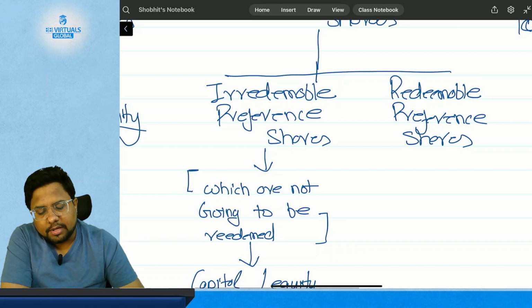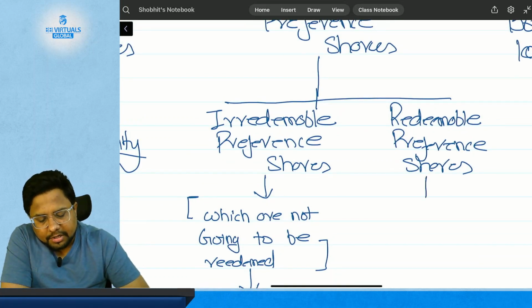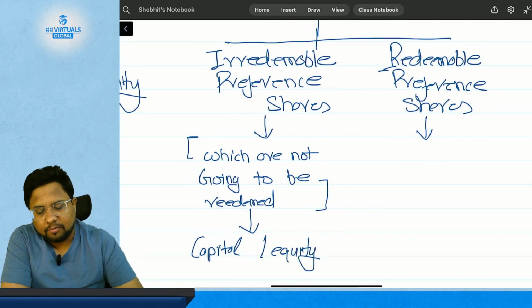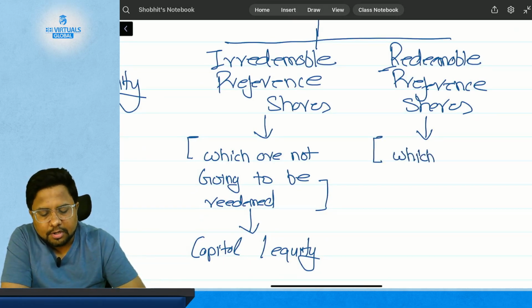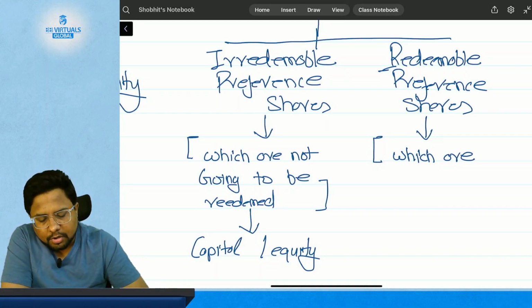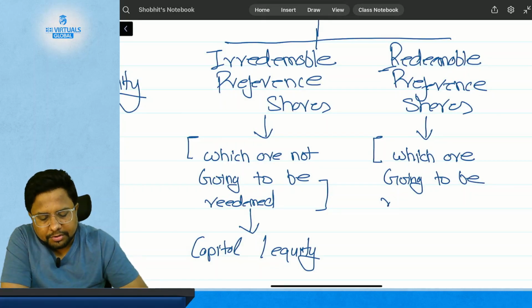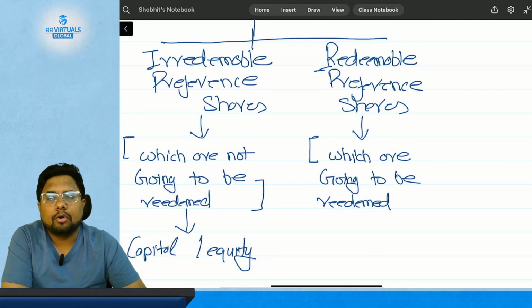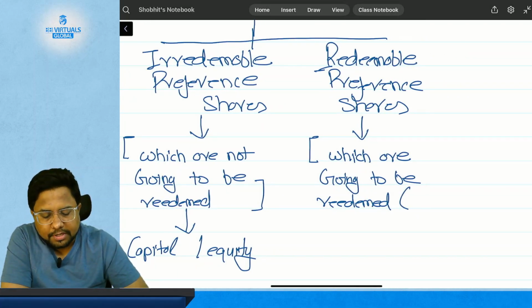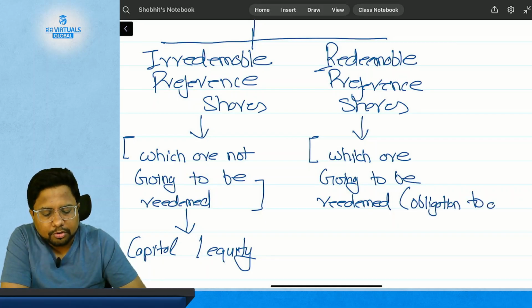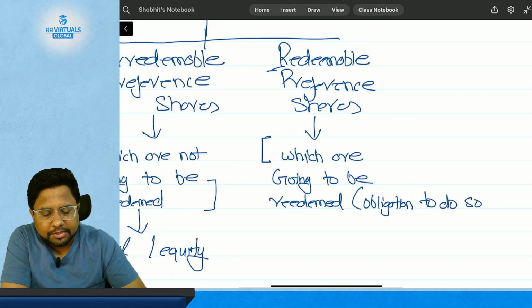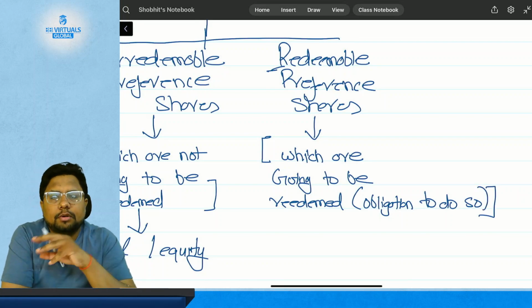In a similar way, the other type of preference shares is redeemable. What are redeemable preference shares? These are the preference shares which are going to be redeemed, as there is an obligation by law to do so, because you are required to do such redemption in real time.